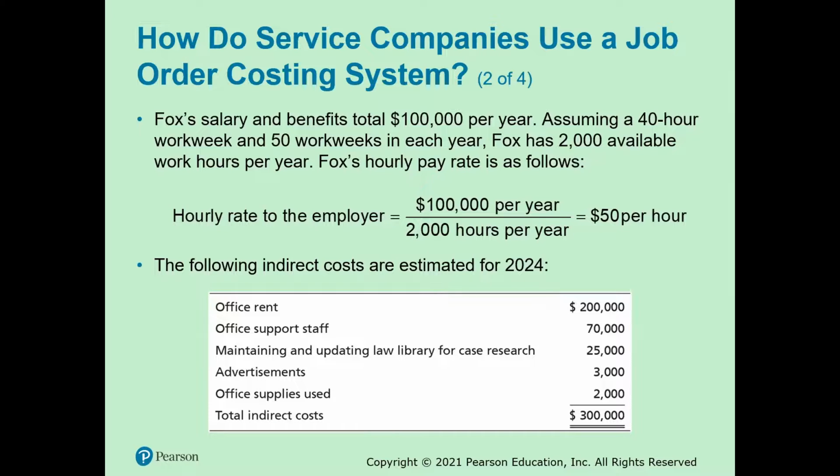The estimated indirect costs are shown here on this slide. The following indirect costs are estimated for 2024: office rent, office support staff, maintaining and updating the law library for case research, advertisements, and office supplies used. The total indirect cost estimated for 2024 is $300,000.